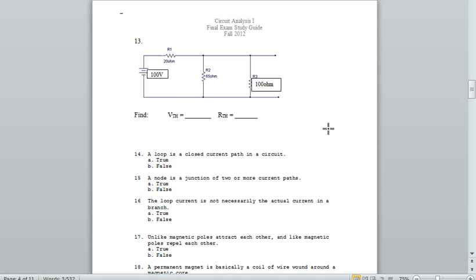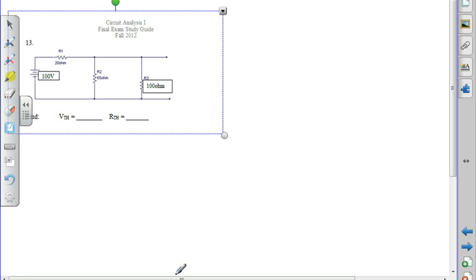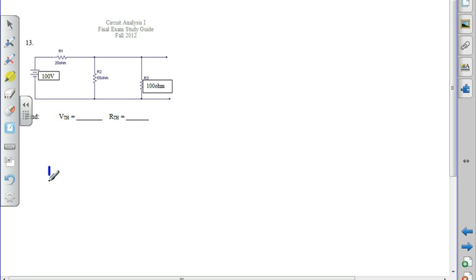We don't have 13. Yeah, we're doing 13 next. Okay, so resistance Thevenin occurs when I short out my voltages. When I do that, I have 3 resistors in parallel. 20 in parallel with 65 in parallel with 100.